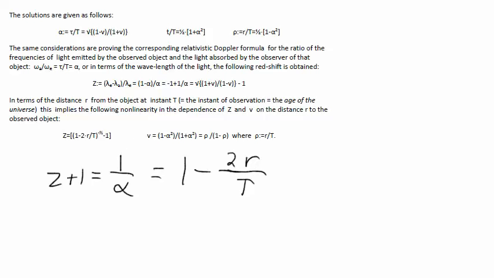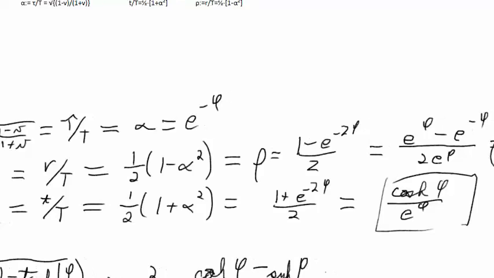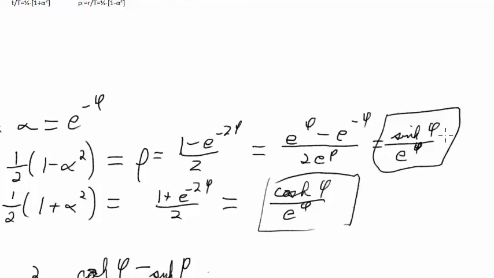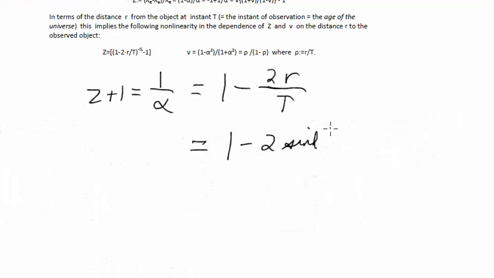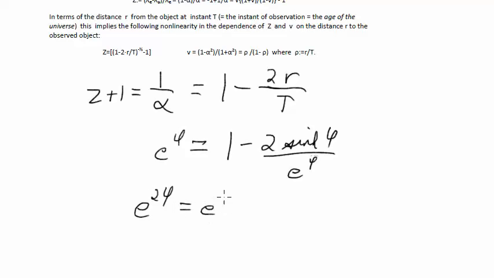Is that accurate? Let's see, I had calculated r over t to be sinh phi over e to the phi. So sinh phi over e to the phi equals e to the phi. Is that accurate? Multiply both sides by e to the phi would give you e to the 2 phi over here equals e to the phi minus 2.